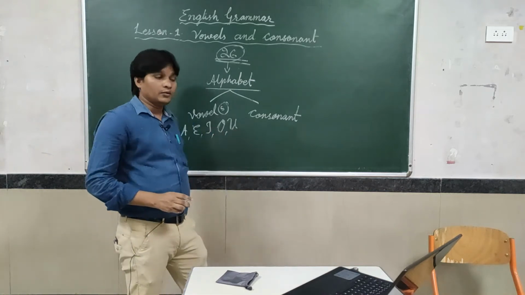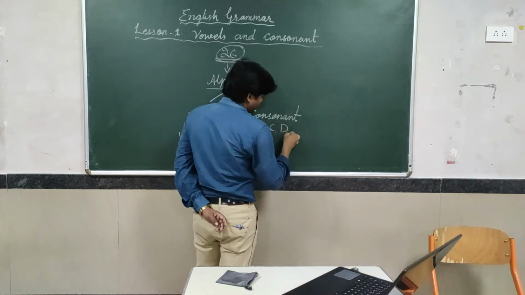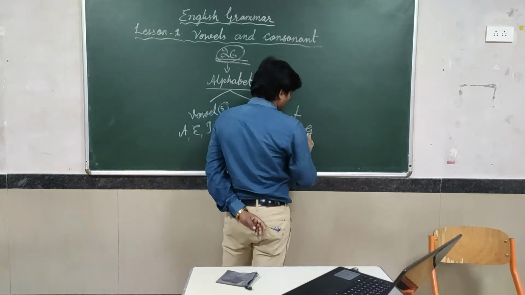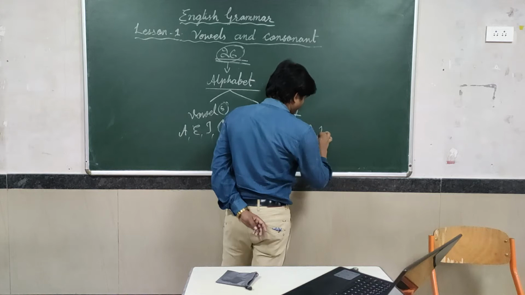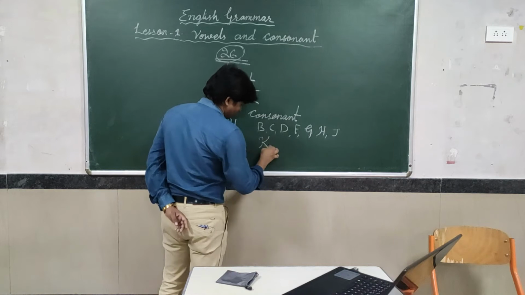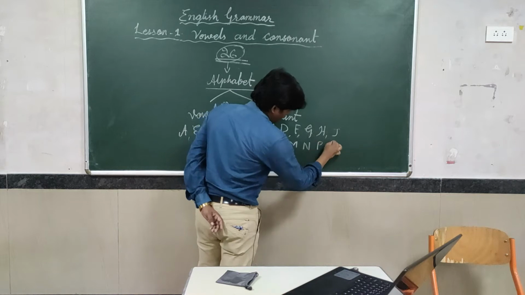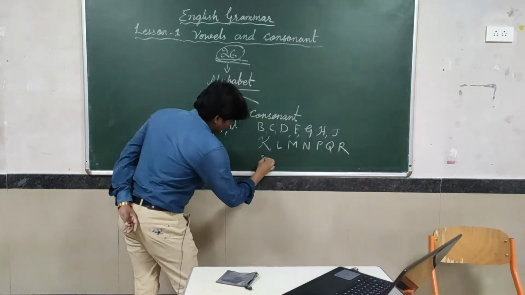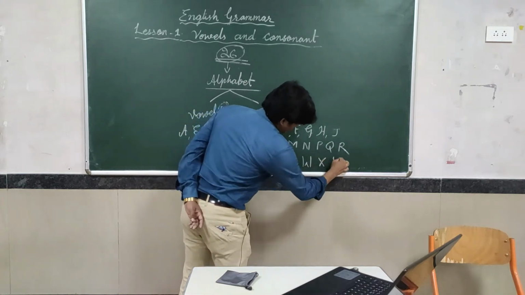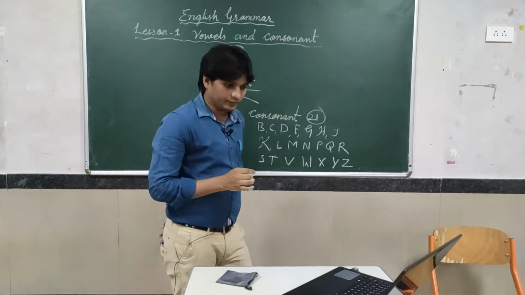The remaining letters which come are B, C, D, F, G, H, J, K, L, M, N, P, Q, R, S, T, V, W, X, Y, Z. Total 21 letters are present in the consonant letters.